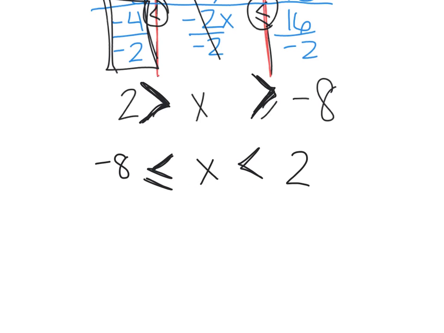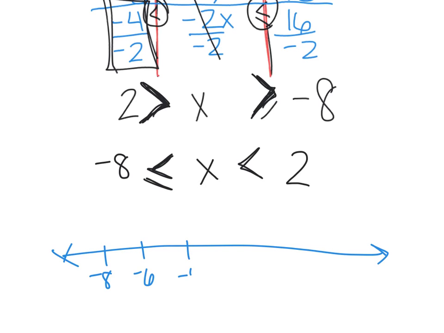Okay, so now we want to graph that. All right, so we're going to make a nice number line here. And again, you don't have to draw all the numbers between -8 and 2. So maybe -8, -6, -4. It's okay to count by 2s because then I'll hit both numbers that I want. 2, 4. Okay, so again, I want -8. That's one end. 2 is my other end.